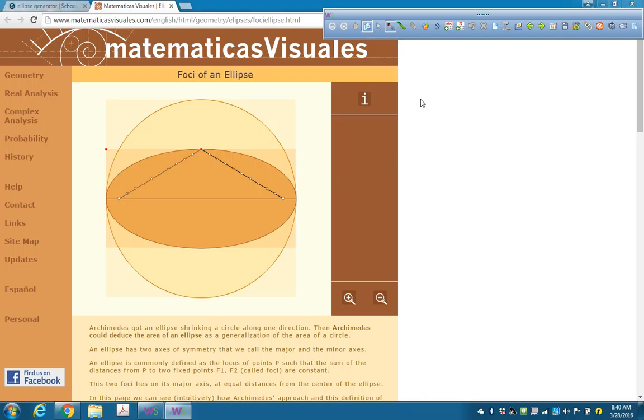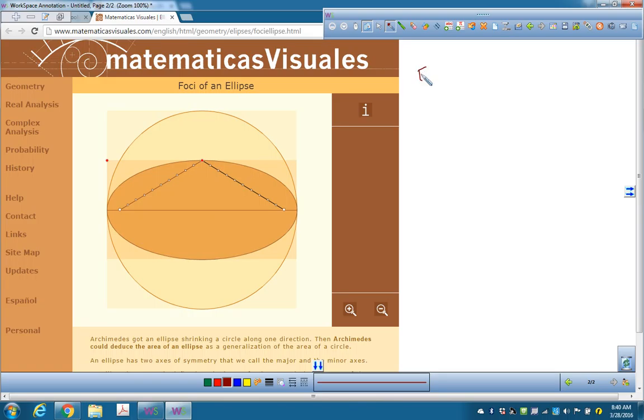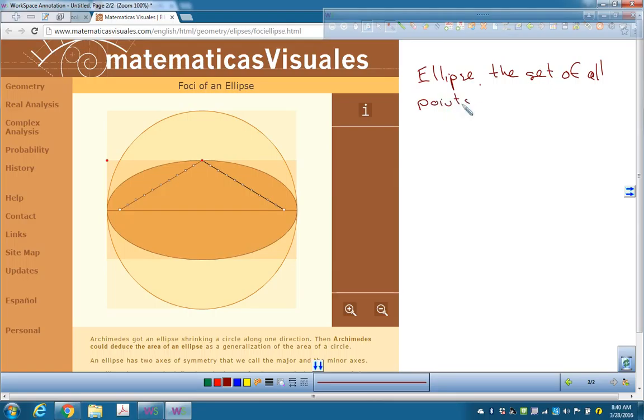An ellipse is the set of all points in a plane x, comma, y.